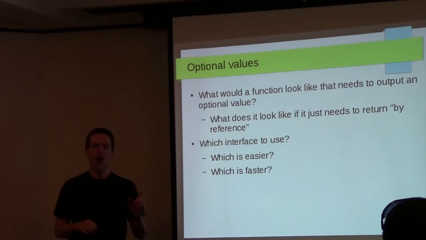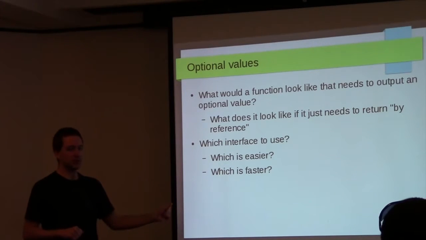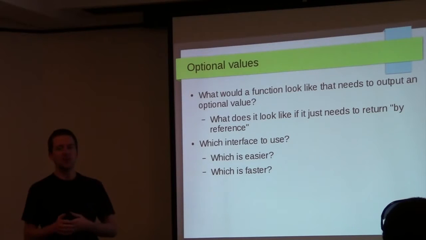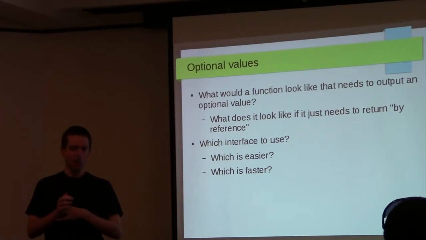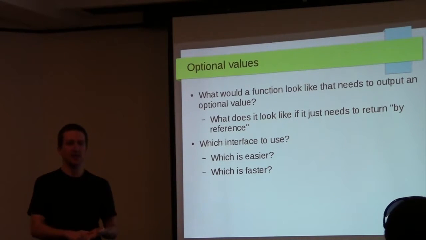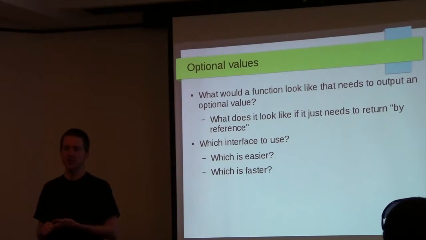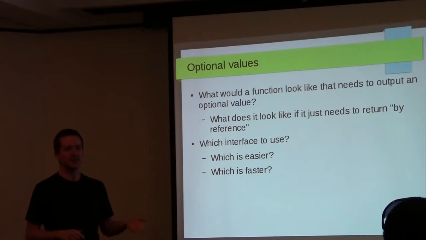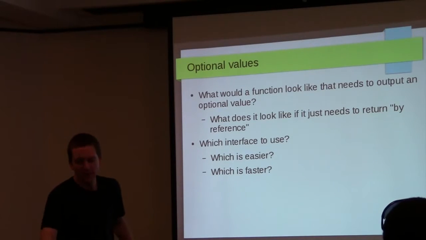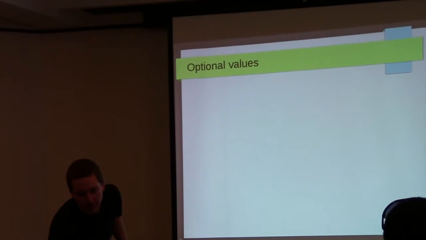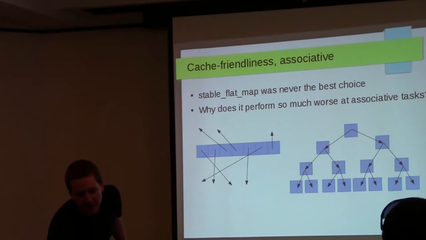Do you return optional T or standard unique pointer T? Standard unique pointer T implies that when you created it, you had a dynamic allocation, which is going to be slow. And it also means that every time you use it, you have an indirect access. And that's where all of our performance issues in these past graphs came from.